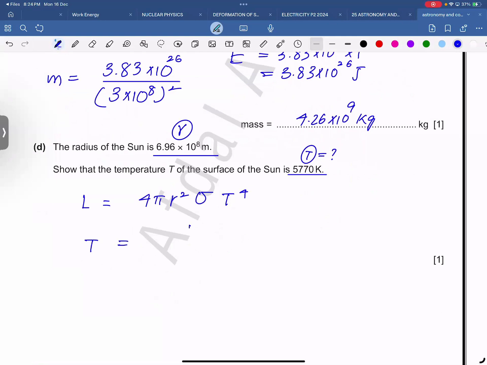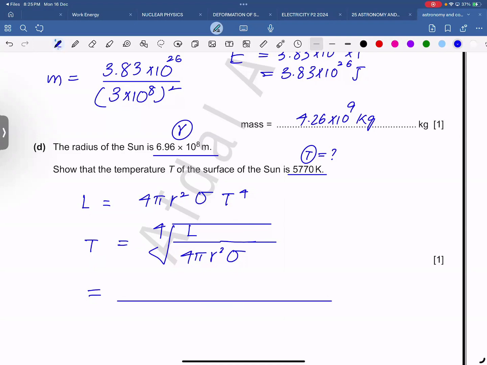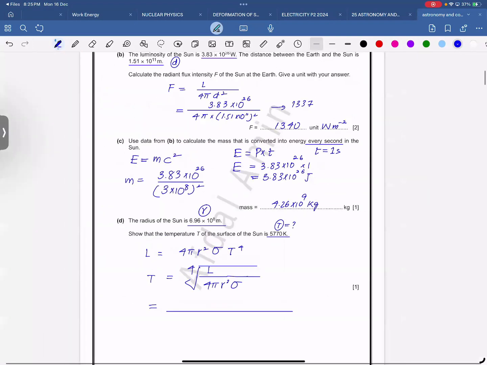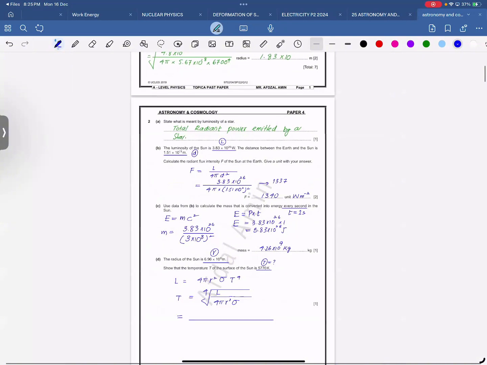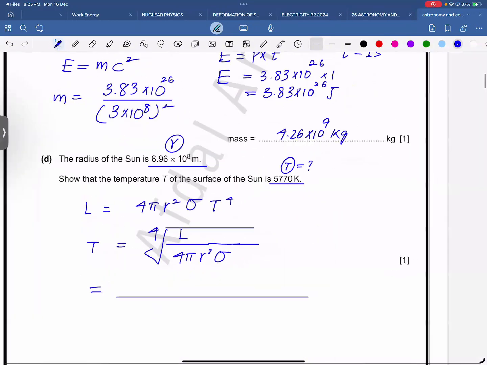So T will be the fourth root of L over 4 pi r square sigma. Substitute L, 3.83 × 10^26.